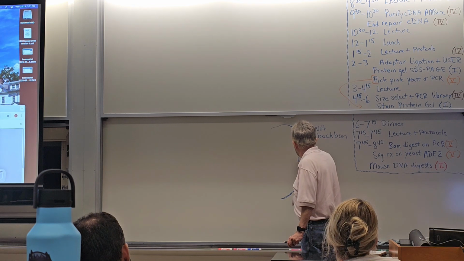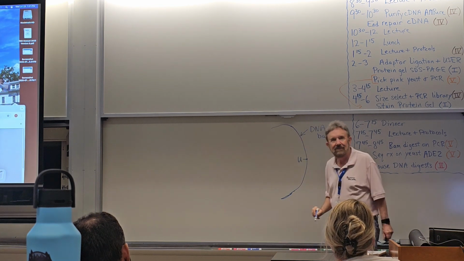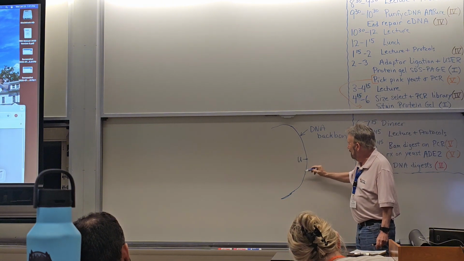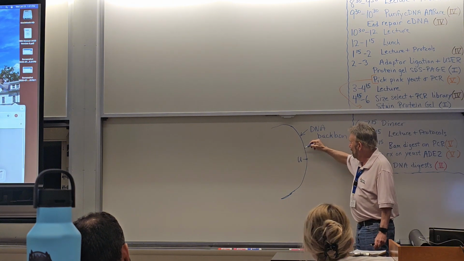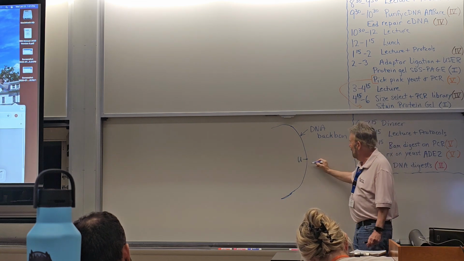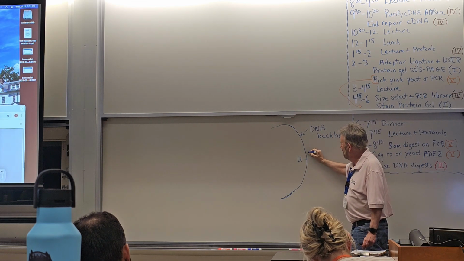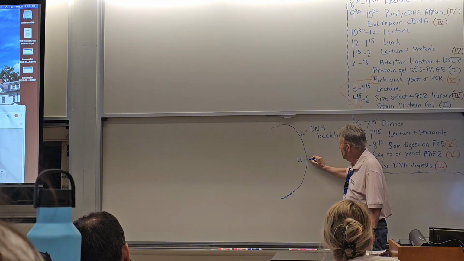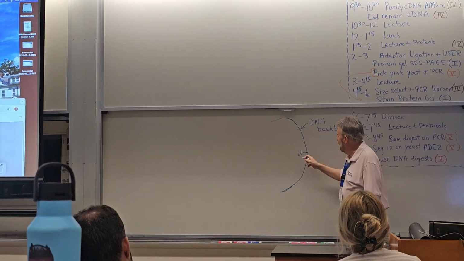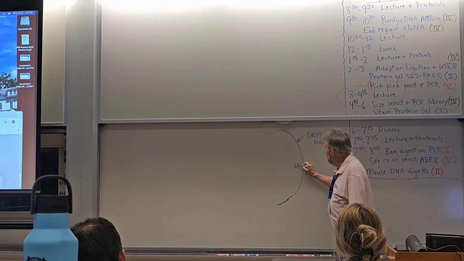The base is going to be U sticking inside like that. So it's going to be sugar phosphate base, but the bases are sticking in off the sugar. So we'll have phosphate, sugar, phosphate, sugar, phosphate, sugar. This sugar has a U on it, and what the UDG enzyme does is simply clip off that U.